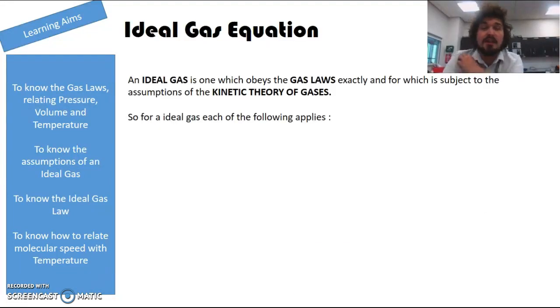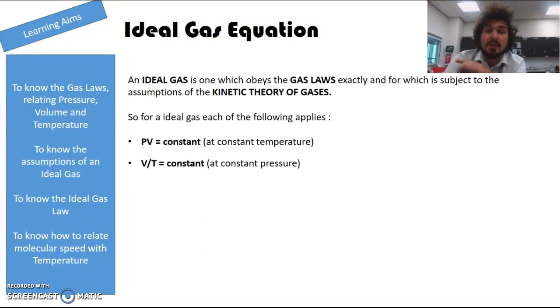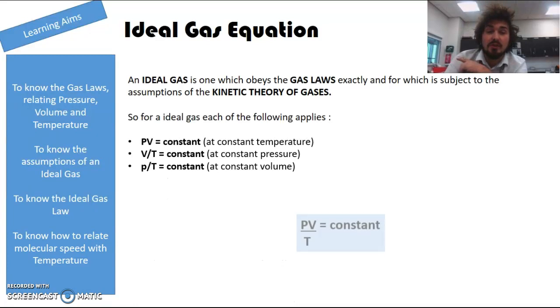Okay, so our ideal gas equation then. An ideal gas is one which obeys the gas laws and is subject to the assumptions of the kinetic theory of gases. So for an ideal gas, PV is a constant at constant temperature, V over T is a constant at constant pressure, and P over T is a constant at constant volume.